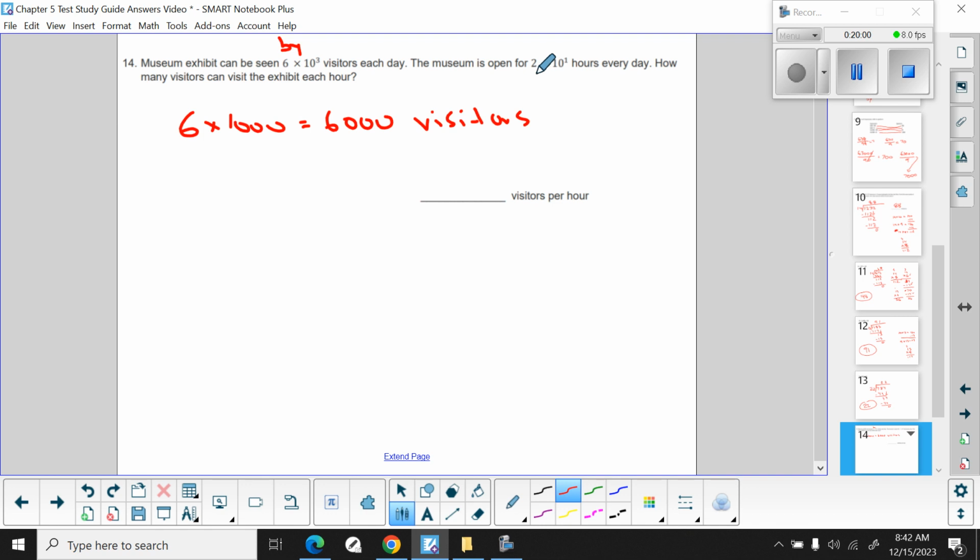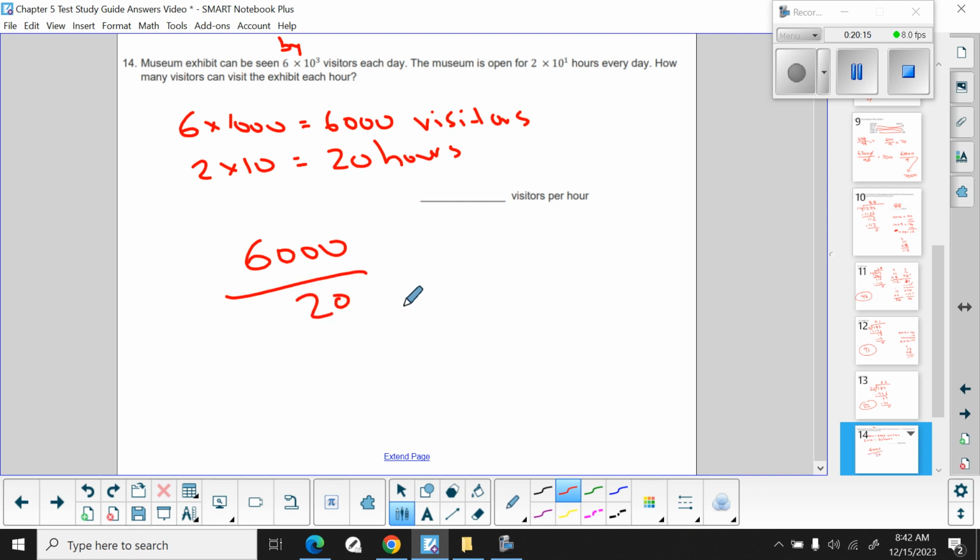And it's open for 2 times 10 to the first, which is 20 hours. How many visitors can visit each hour? Well, 6,000 visitors divided by 20 hours. Well, that's the same as 600 over 2, so that's 300 visitors per hour.